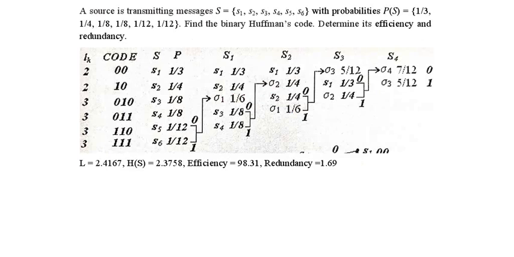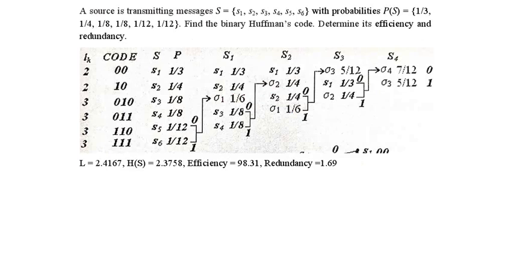Here you can alter both, since both are 1/4. Either this O2 can be written above S2, or S2 can be written over O2. Now 1/4 and 1/6 we combine, then we can get O3. So the combined probability is 5/12, that is higher than even 1/3. So we write it above 1/3, and finally this 1/3 and 1/4 will combine.